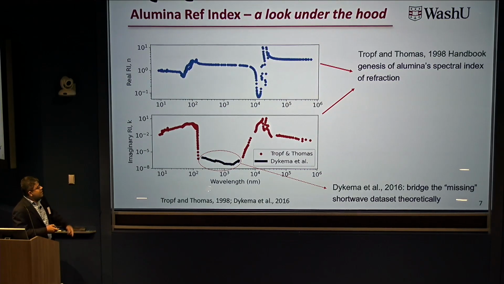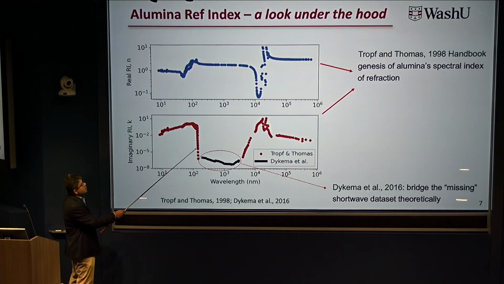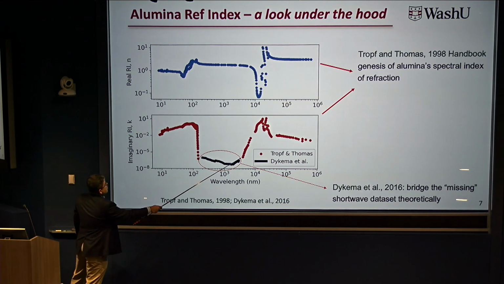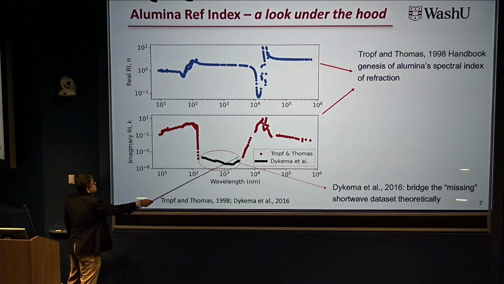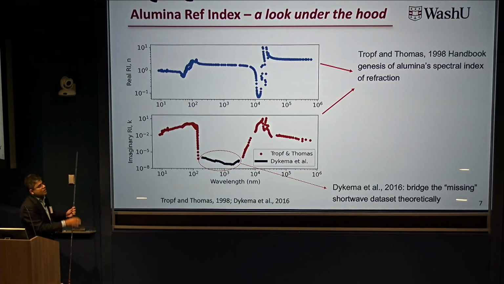You can see here that in the index of refraction there is a drop right around 200 nanometers for K in the handbook, and we do not know if this is an instrument artifact or the authors actually measured this, and then it again starts around the IR region. So this is the missing portion, which John did a pretty good job, at least, of bridging using theory. So we wanted to investigate if this is accurate. If not, what could be the actual values and what are the implications of it.